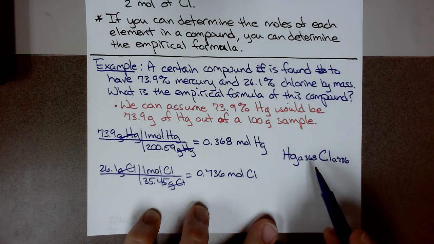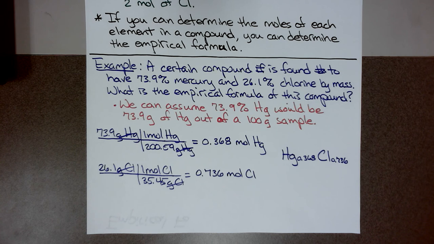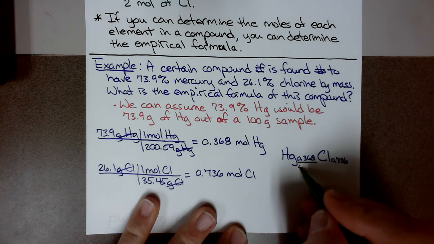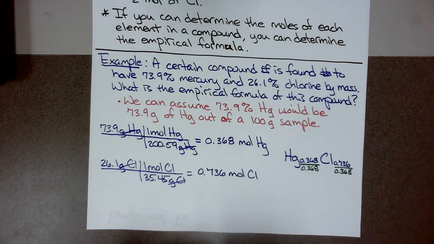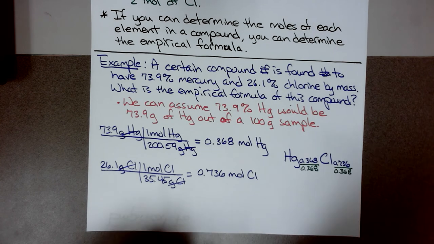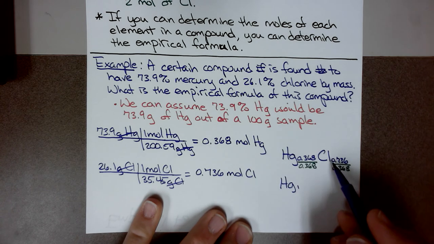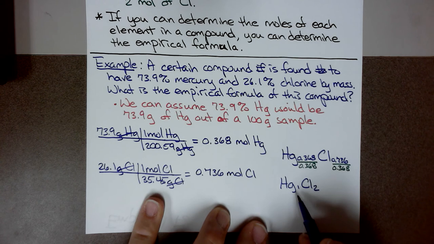The problem is we can't have fractions of atoms. So how do I convert these ratios to whole numbers? Well, what you do is you divide by the lowest value. So when I divide by the lowest one, 0.368, by 0.368 moles, then we realize that this is equal to 1, so we have Hg1, and then chlorine, when I divide 0.736 by 0.368, my chlorine is 2, so I have a ratio of 1 to 2 moles.